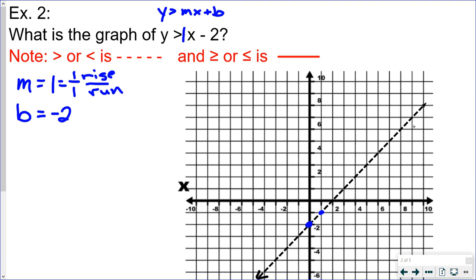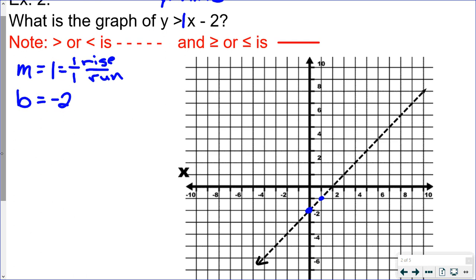So where are the solutions then? If this line doesn't represent the solutions, they must be somewhere else. All right? So the solutions are either above this line or they're below this line. So how do we decide whether they're above or below?